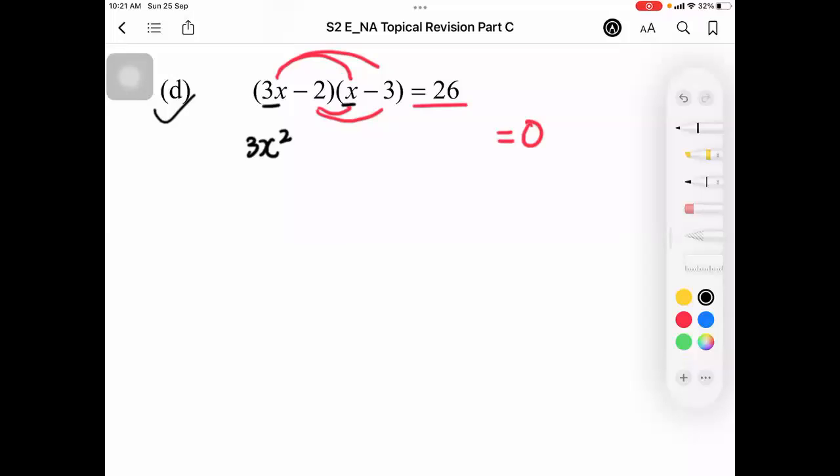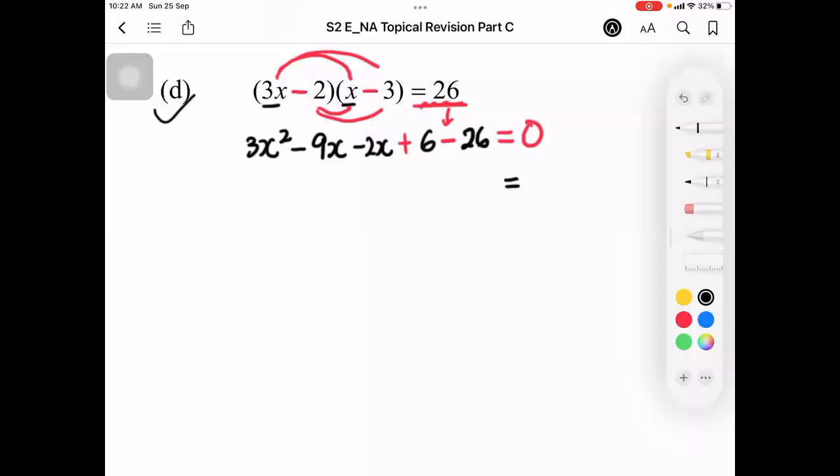Negative 9x. Then negative 2 times x is negative 2x. Negative 2 times negative 3 becomes positive 6. Then still one more number, this one is 26. Bring it over here, becomes negative 26. So I have the equation equal to 0 already.